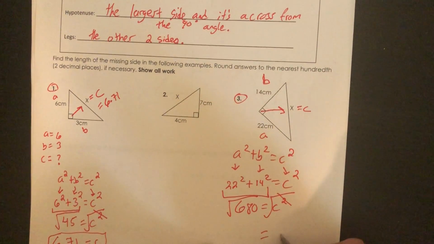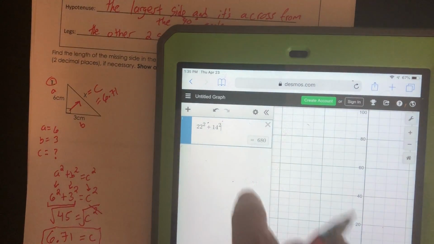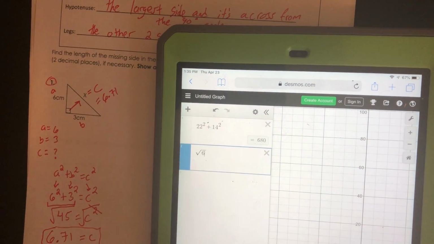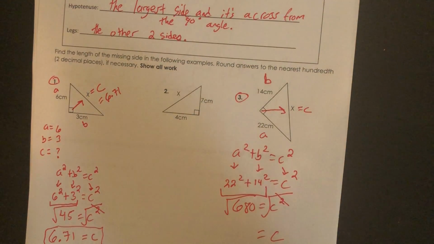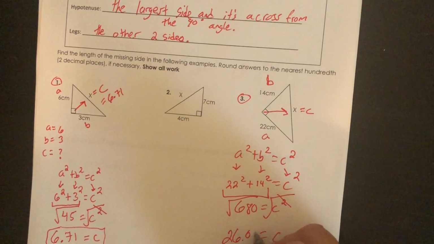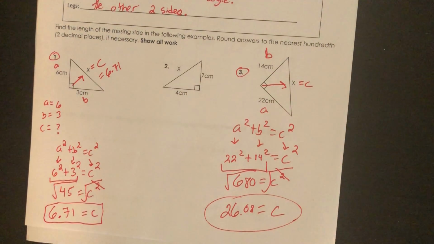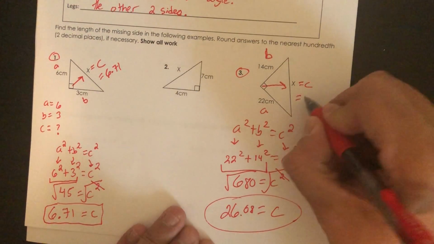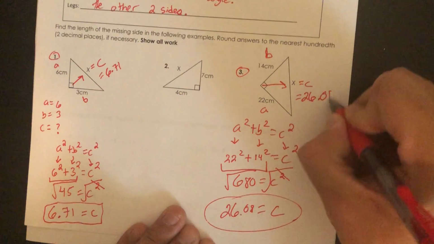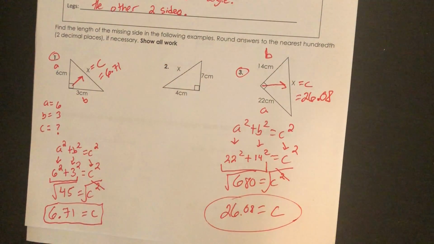Okay, so that leaves me with C equals. Let's see what we get for the square root of 680. 26.08 after rounding. Okay. There you go. That's your missing side, which is the hypotenuse. And as you can see, it is the largest side.